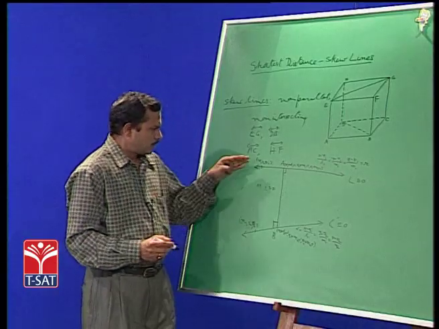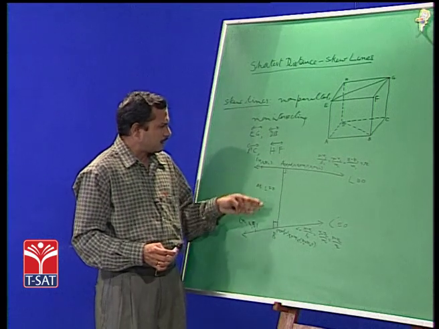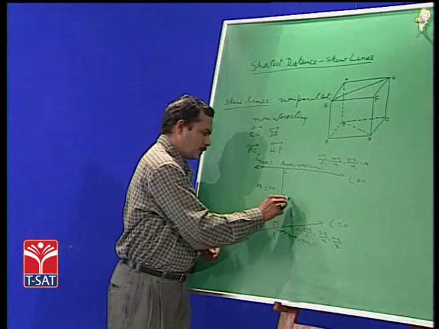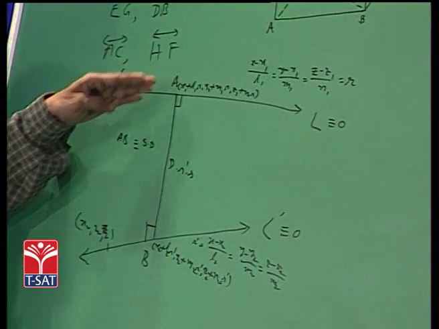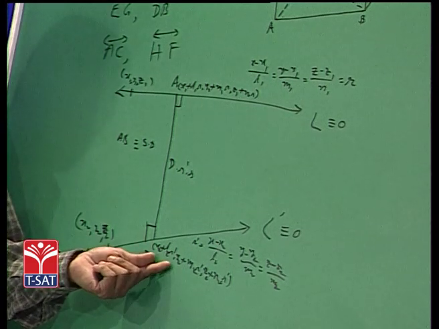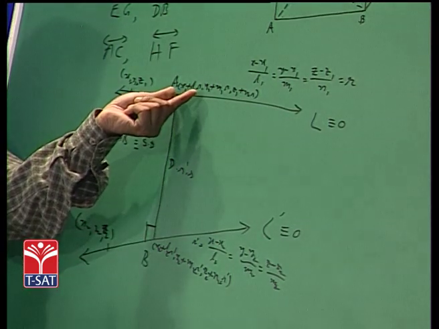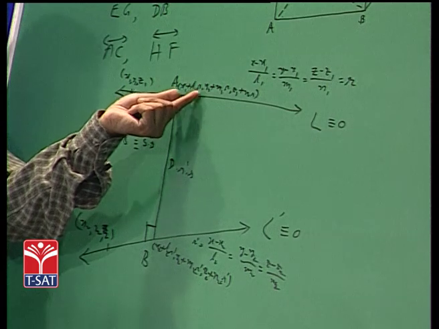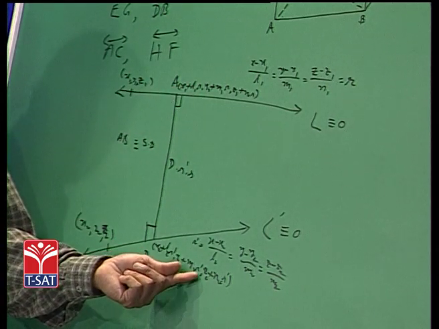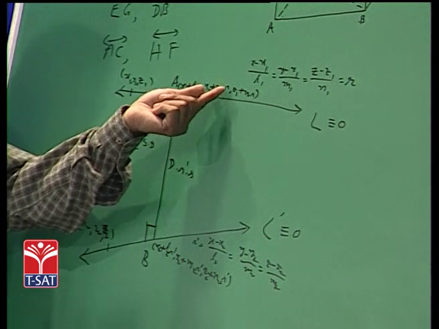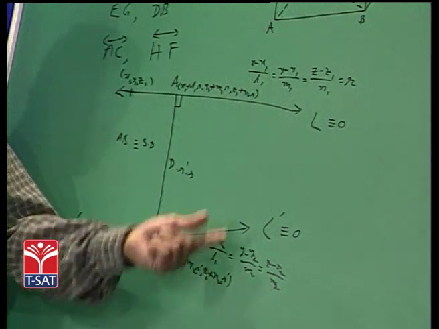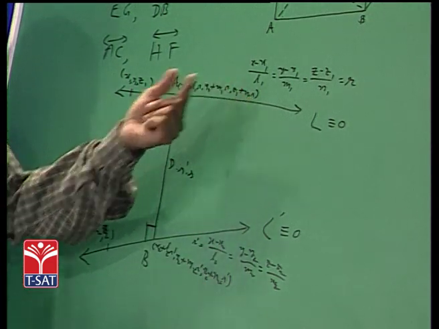Now, we can find the direction ratios of the line segment AB. The direction ratios of the line segment AB become x2 plus L2 r dash minus (x1 plus L1 r), y2 plus m2 r dash minus (y1 plus m1 r), then z2 plus n2 r dash minus (z1 plus n1 r).